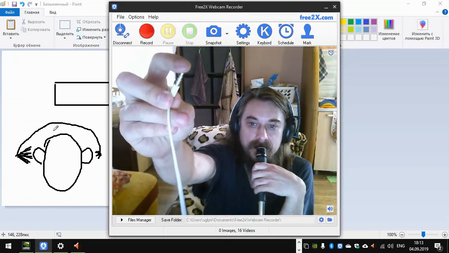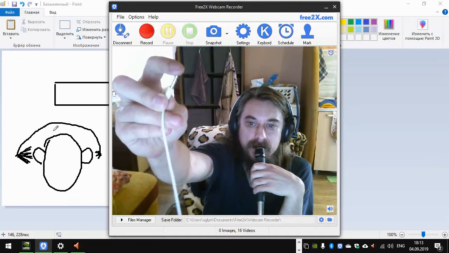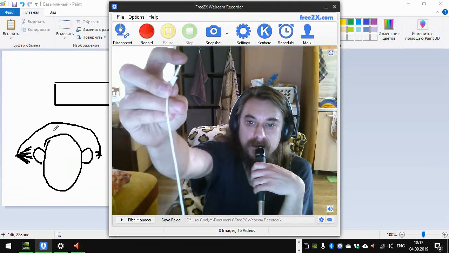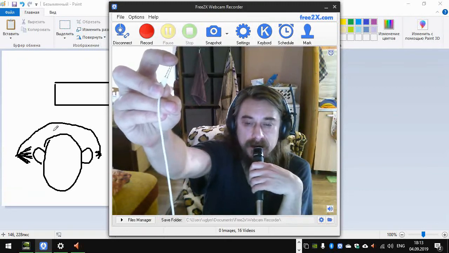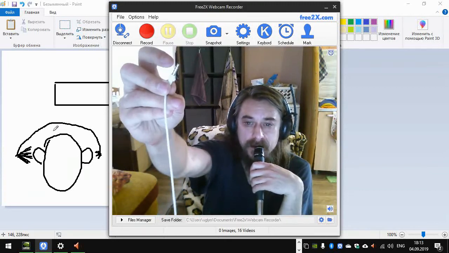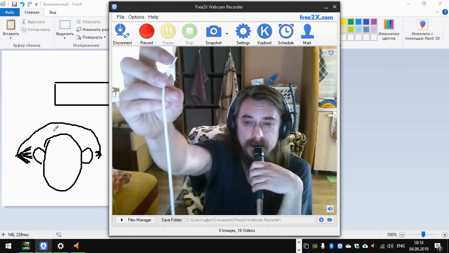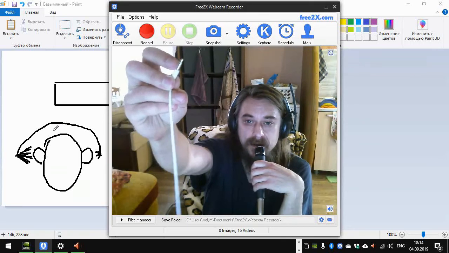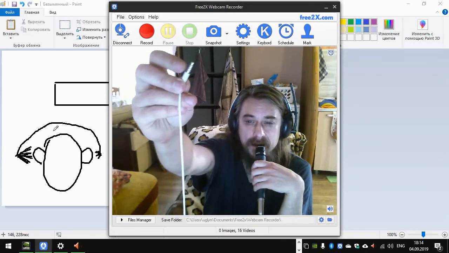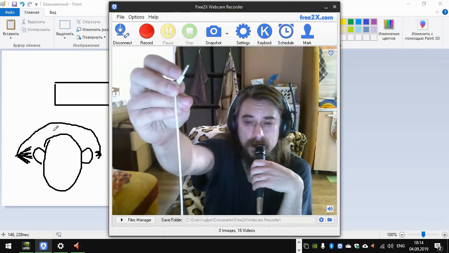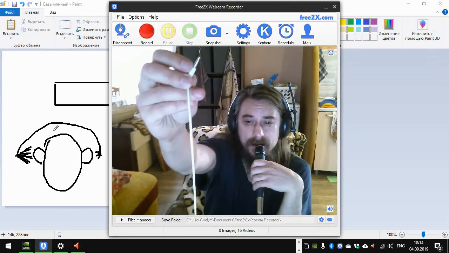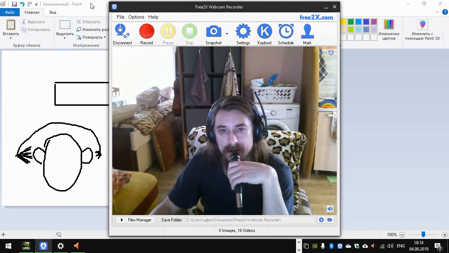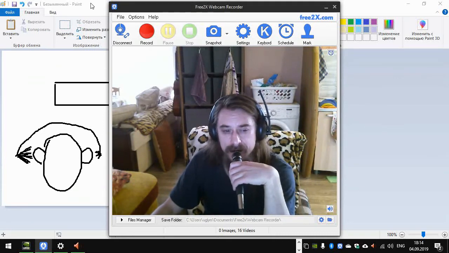For example, the first place to connect something can be used for plus of the left speaker, the second one for minus of the left speaker, the third one for plus of the right speaker, and the last fourth one is for minus of the right speaker. That's very easy, in my opinion, to understand.